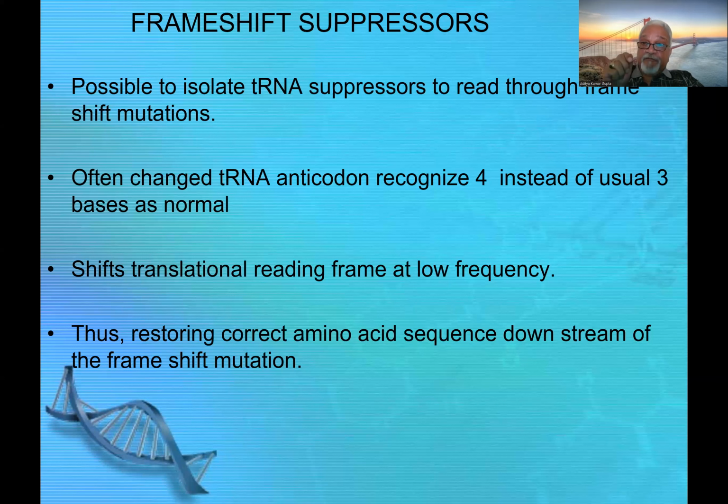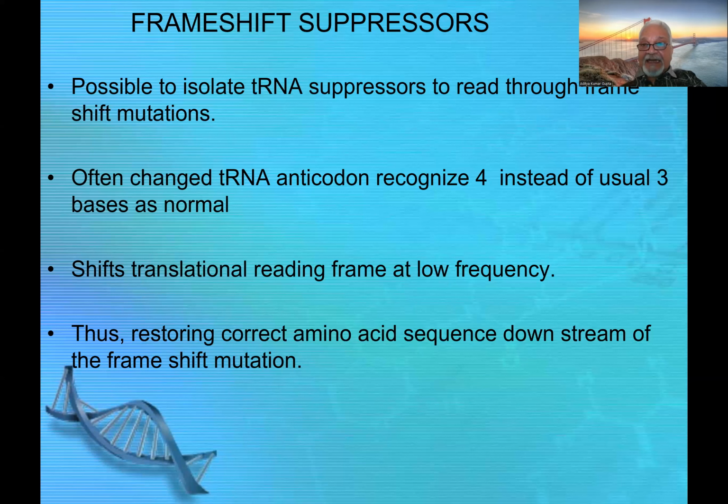Because of a mutation in the tRNA anticodon region, the same kind of mutation, instead of 3 there are 4. Or for deletion, there are 2 instead of 3. So it reads that particular mistake as correct, adds an amino acid and moves on.